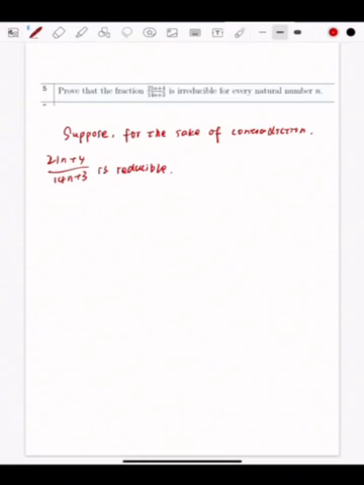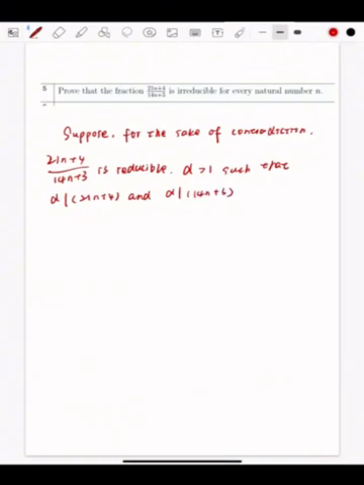Okay, firstly, we suppose, for the sake of contradiction, this fraction is reducible. And then there exists a positive integer d such that d divides both a and b.